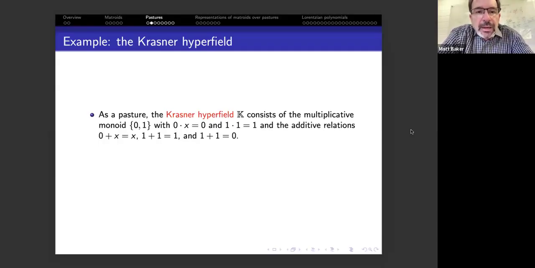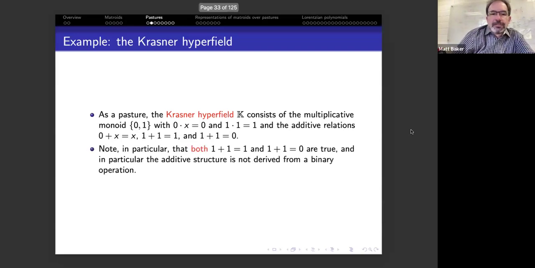But Oliver and I and Nathan and others have learned over the years that it's actually better not to define multi-valued, set-valued operations, but to simply have a list of equations that you declare are valid and then others that are invalid. So 1 plus 1 equals 1 is a valid identity, and 1 plus 1 equals 0 is also a valid identity in the Krasner hyperfield.